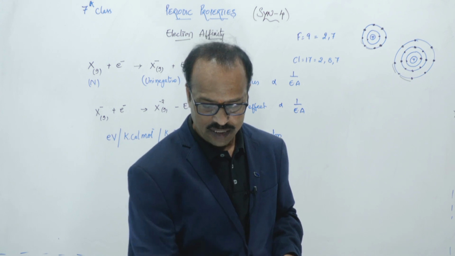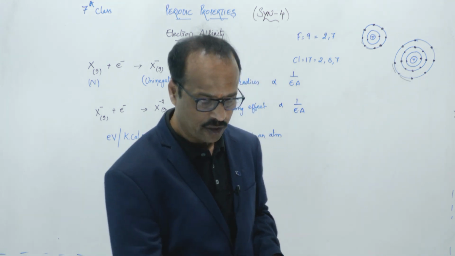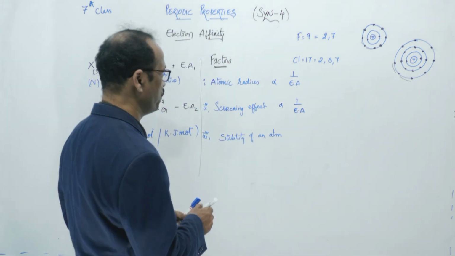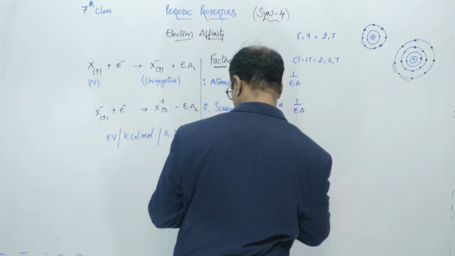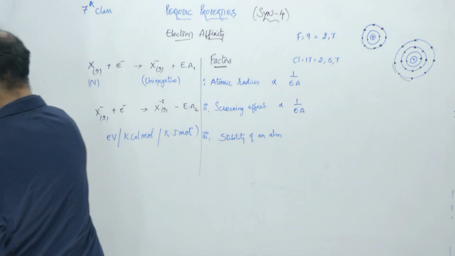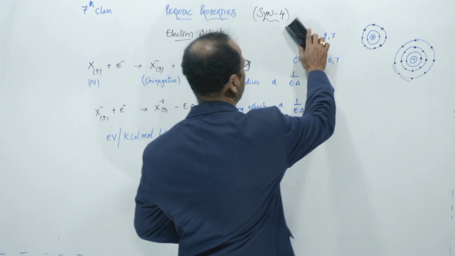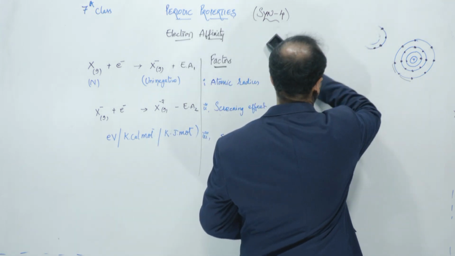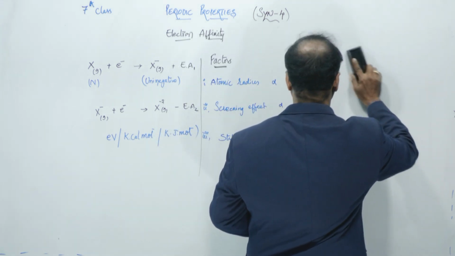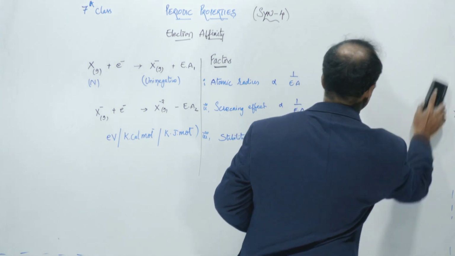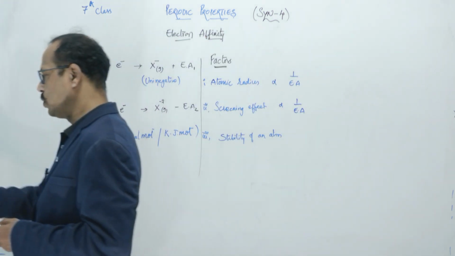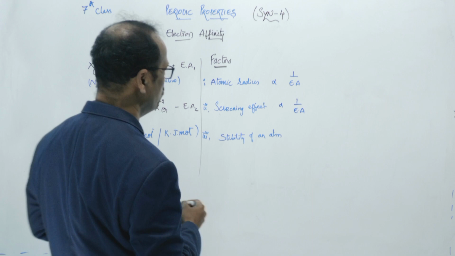Let us see how it changes in a period and in a group. Now in the periodic table, we already discussed the periodic table. There are periods and groups. What are the periods? Horizontal rows are called periods and vertical columns are called groups.